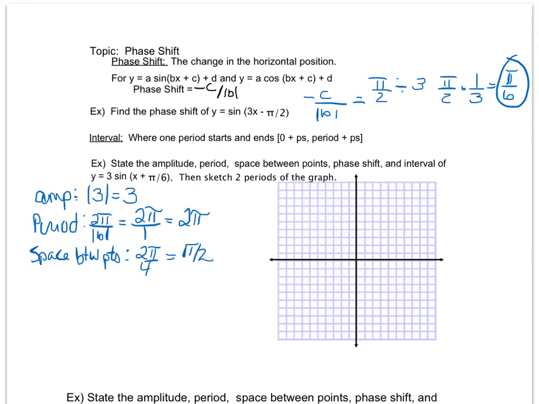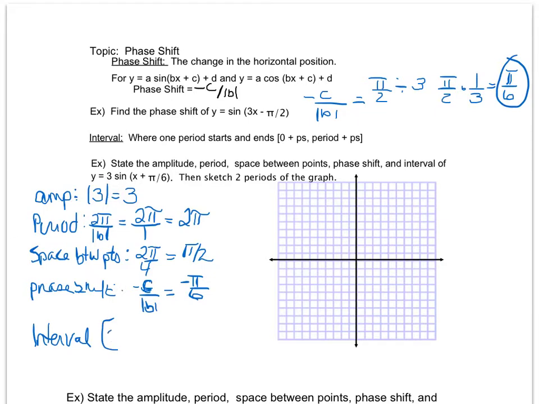And now finding my phase shift, I'm going to use that new formula we just looked at, where I take negative c over the absolute value of b. My c is pi over 6, so I'm going to have negative pi over 6. We already talked about how b was just 1, so my phase shift ends up being negative pi over 6. And lastly, I'm going to find my interval.